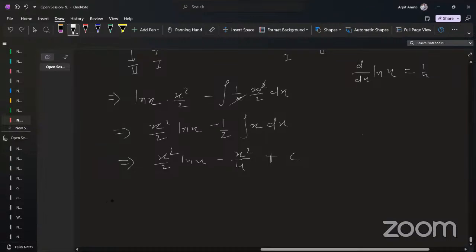Okay. Just find this, sine inverse x. Let's see.